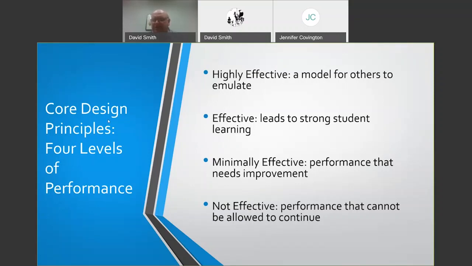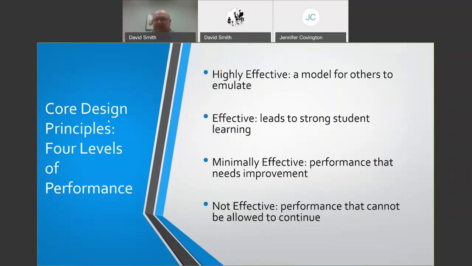And they also know that being rated highly effective is actually something that is not going to happen on a continual basis. It's really, really high performance, and there's nothing wrong with not being rated highly effective. It's not like an A. Anyway, I think I've said enough about that.